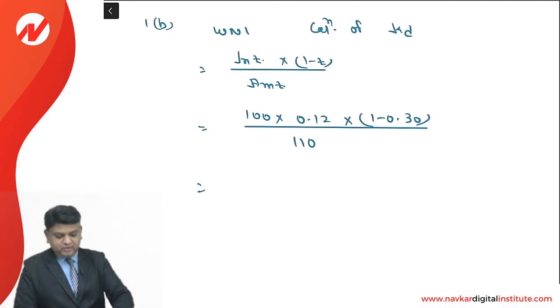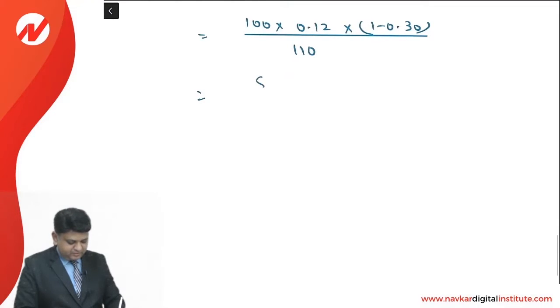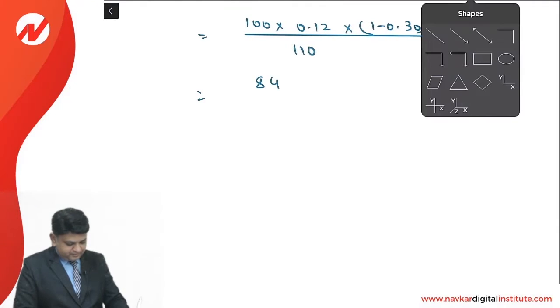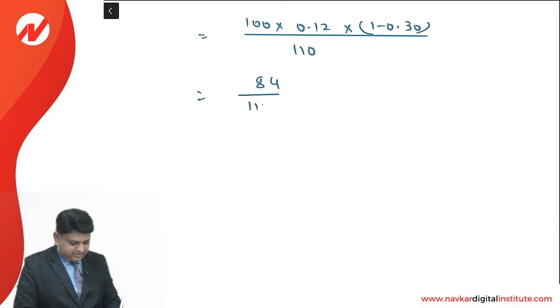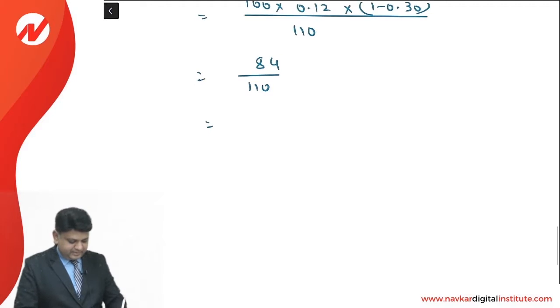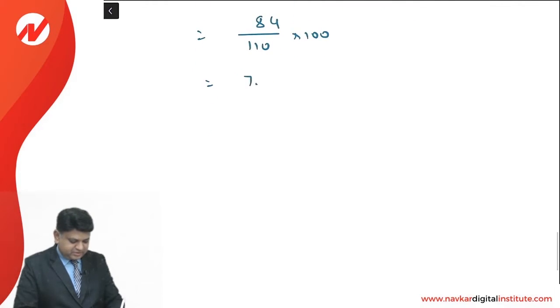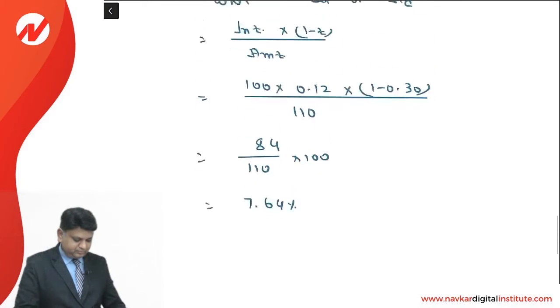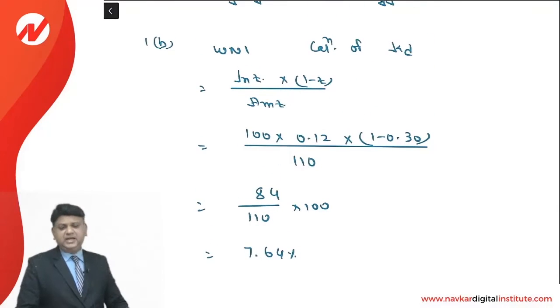So 100 into 12%, that is 12 rupees, into 0.7, that comes to rupees 8.4, divided by 110 into 100 for getting the answer in percentage terms. That comes to 7.64%. This is the way the Kd is calculated.